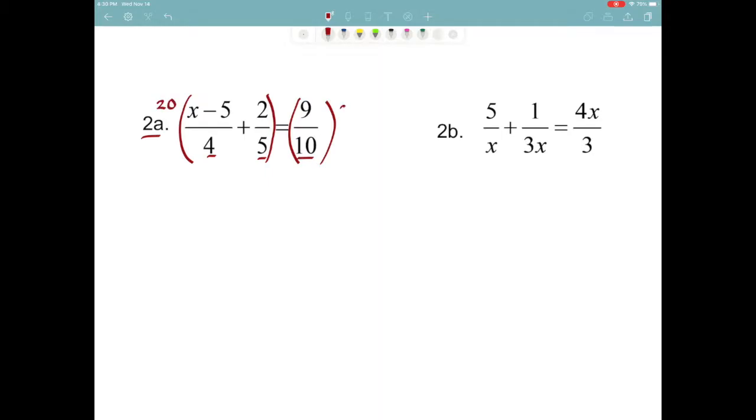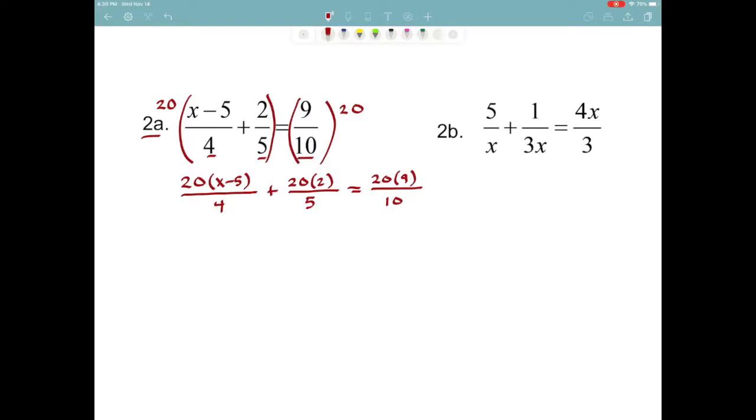So if I multiply both sides of the equation by 20, I can look to reduce here. I'd be saying 20 times the quantity of x minus 5 over 4 plus 20 times 2 over 5, and that should equal 20 times 9 over 10.